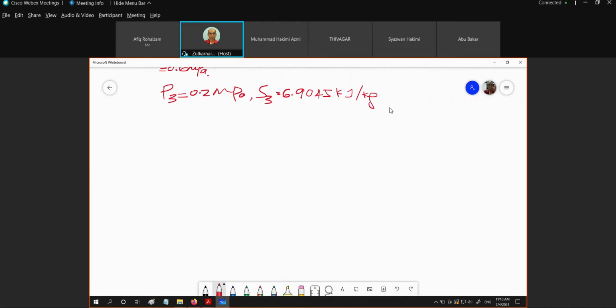We found that this is at mixture. Therefore, how to get the H3? H3 is equal to HF3 plus X3 HFG3. Before that, we need X3, which is equal to S3 minus SF3 divided by SFG3. Get the X value first.